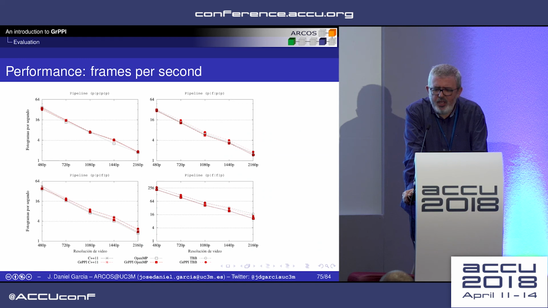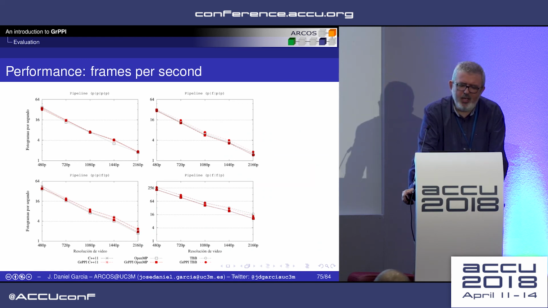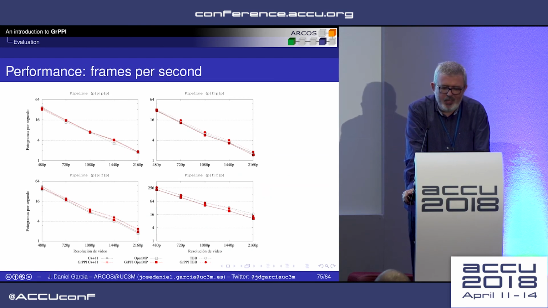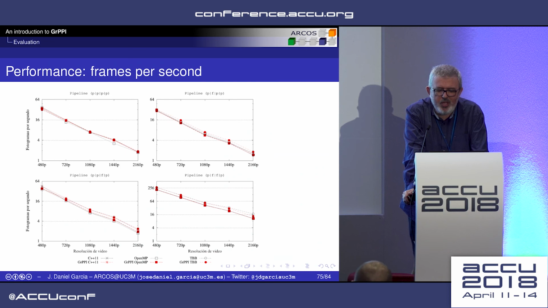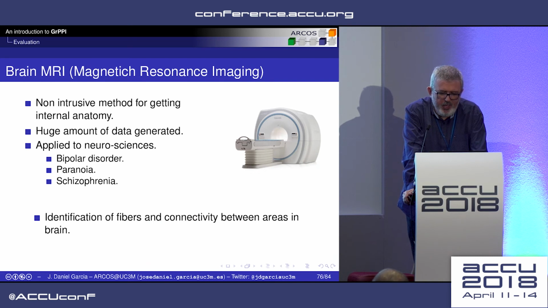The second thing we did is a larger application. This is a brain magnetic resonance imaging application, using a hospital in Spain, which tries to get very detailed information from the brain.